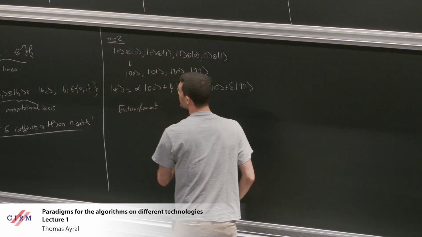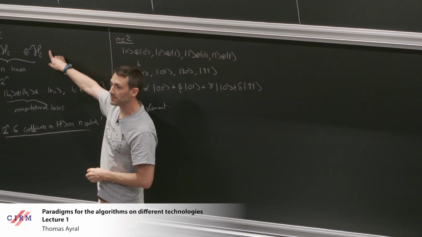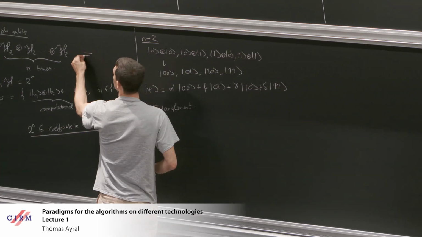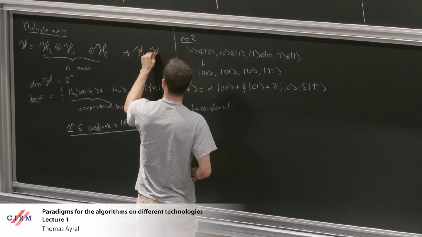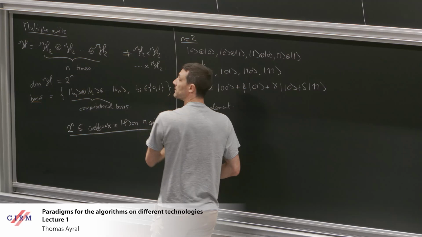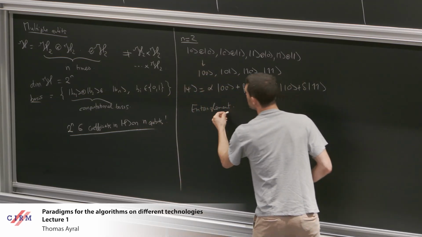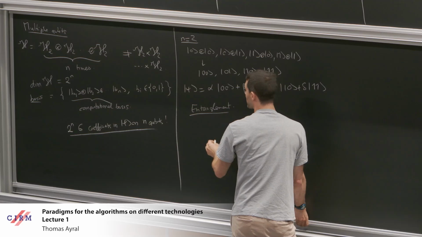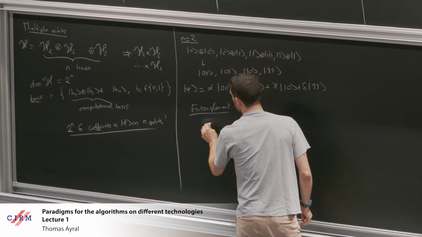Entanglement is essentially the difference between defining a tensor product and a Cartesian product, like Maziar said. So you see here, this is really different from doing H times H. Okay, it's a very different mathematical space. And essentially, entanglement is defined by what a non-entangled state or a factorized state is.